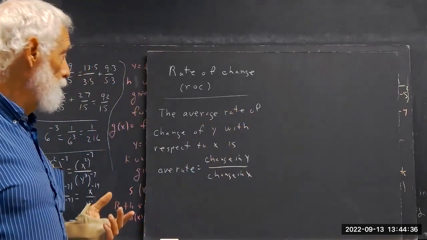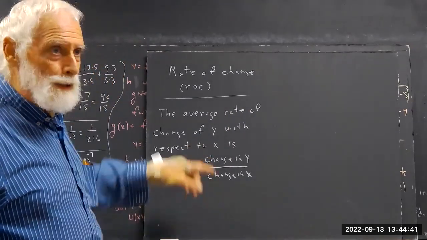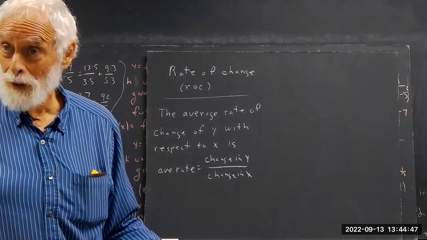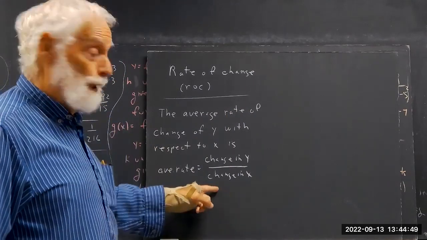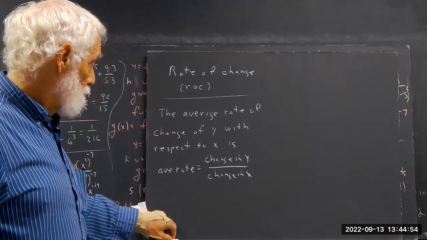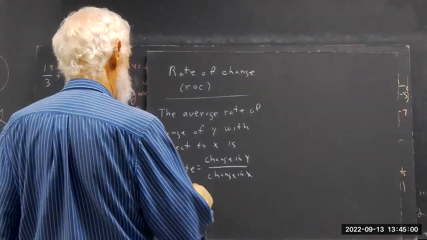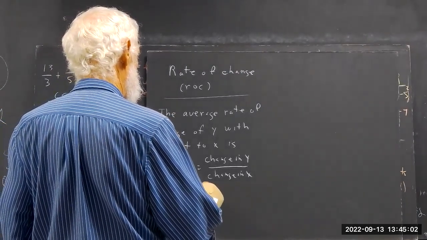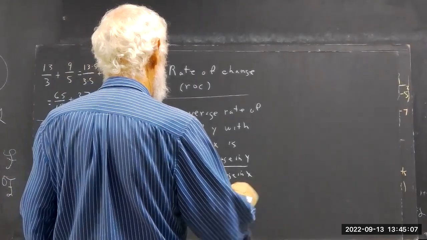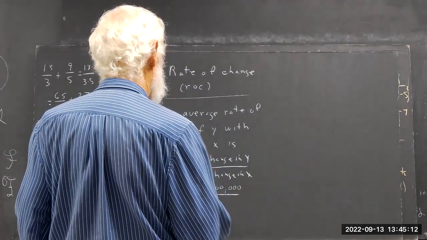Okay. So what we divided was the change in your wealth, which would be $5 million, divided by the change in time, which is 10 days.